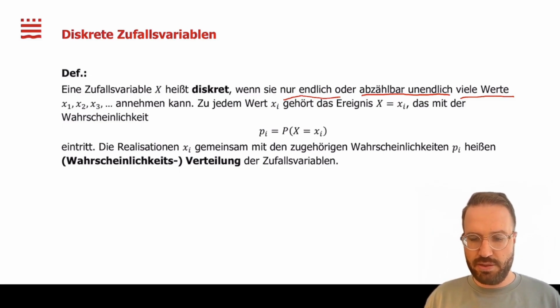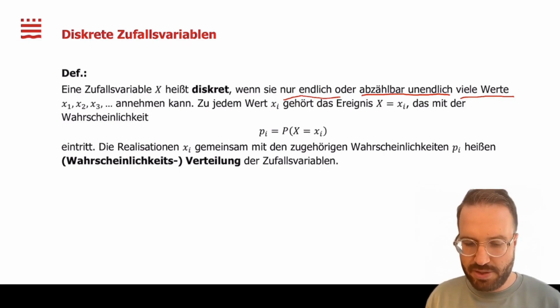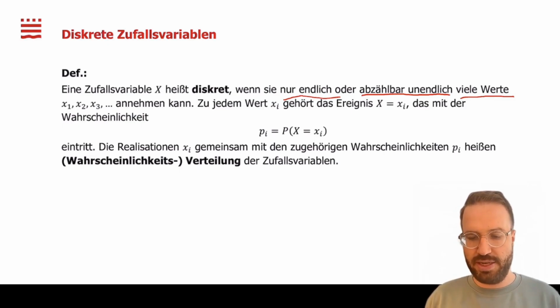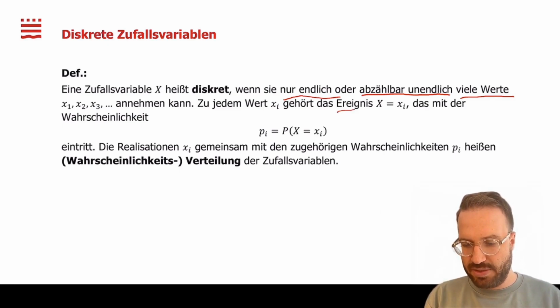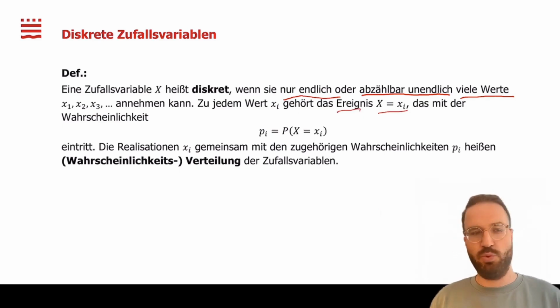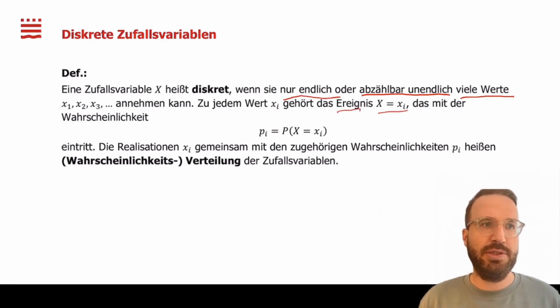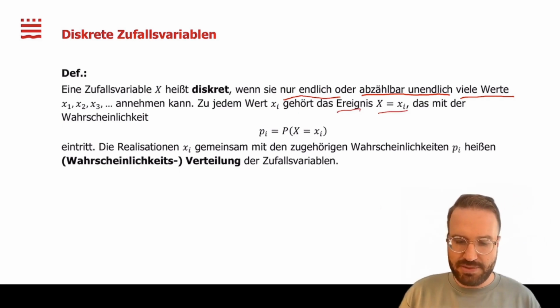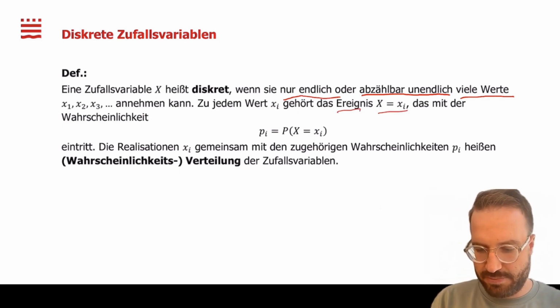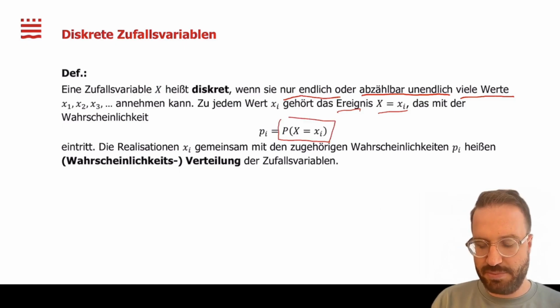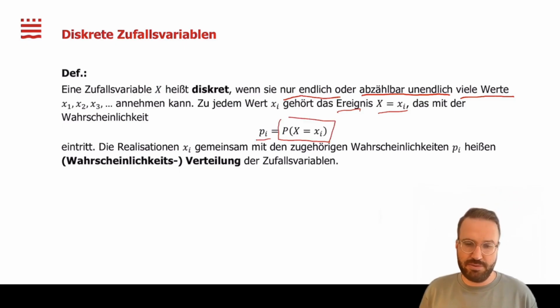And if we have a discrete random variable, meaning only these countable or finite values that we can write in a list, then we can look at the event x equals this value. We have learned that this is an event, and to this event we can assign a probability. We call this probability pi.